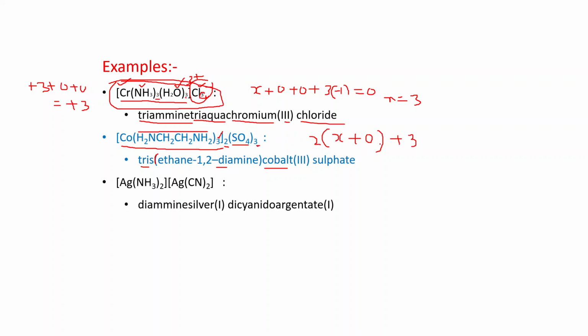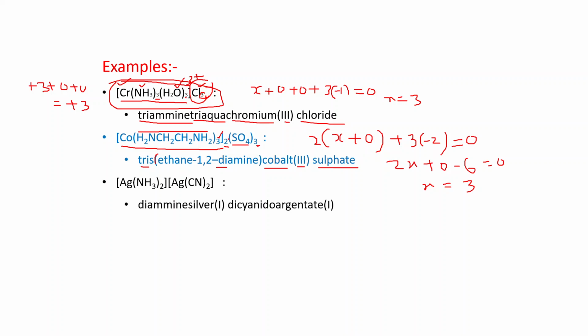That's why this is 3 multiplied by minus 2, and this is equal to 0. If you find the value of X, that is 2X plus 0, minus 6 is equal to 0, and that's why we can say X is equal to 3. That's why the oxidation state of cobalt is 3, and this sulfate is a counter ion.